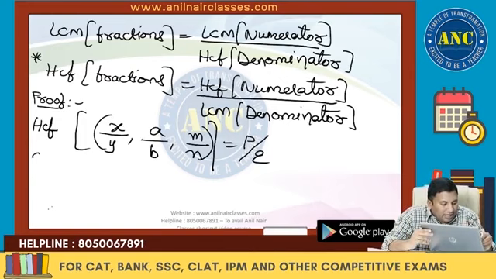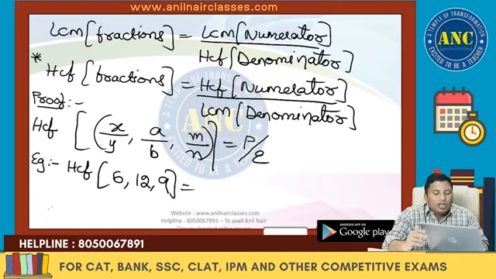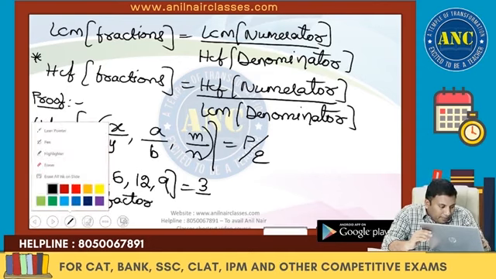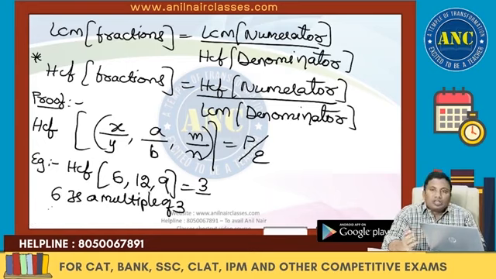Now, let me take a simple example. I am doing HCF because it's relatively easy to do. 6, 12 and 9. HCF of 6, 12 and 9 is 3. That means, by taking this as an example, 6 is a multiple of 3.